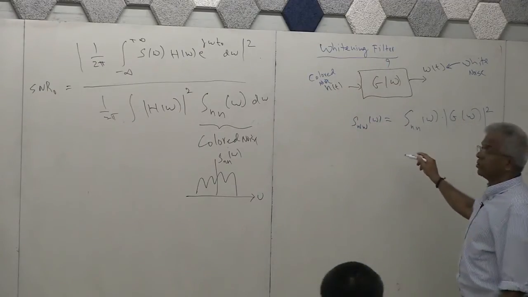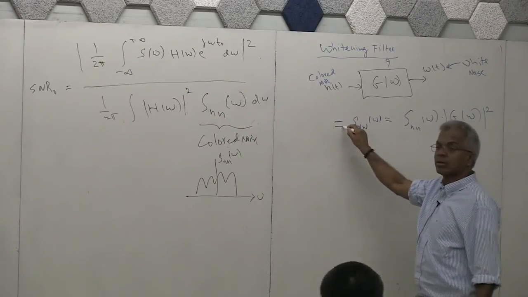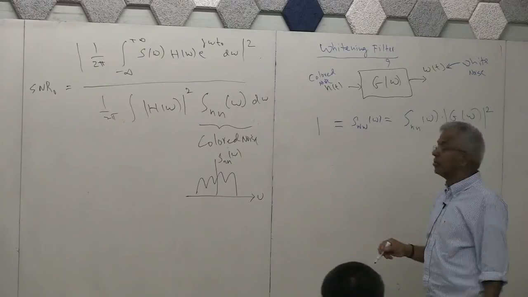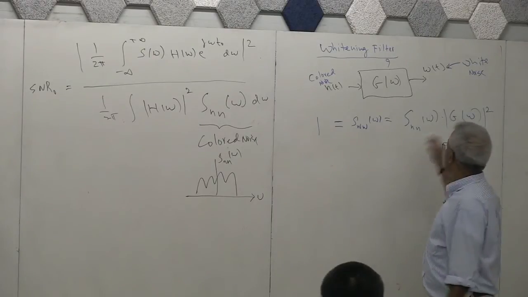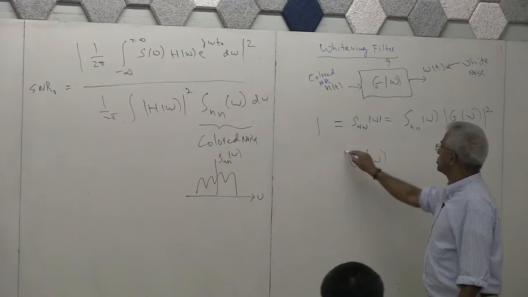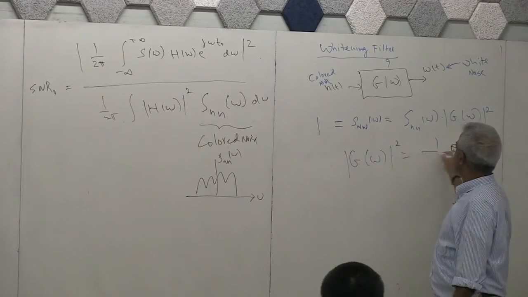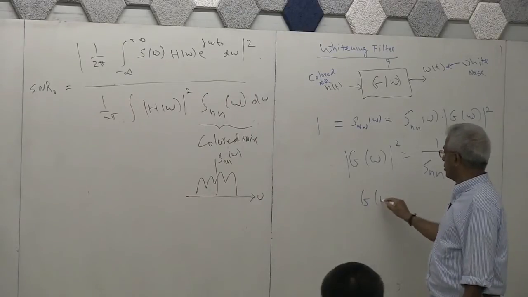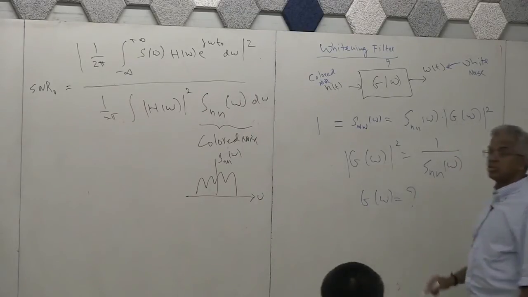Look at here. What do you want here? You want this to be 1, right? Let's say you want white noise. So it already tells you that the filter has this property. The question is, how do you design G(omega)?